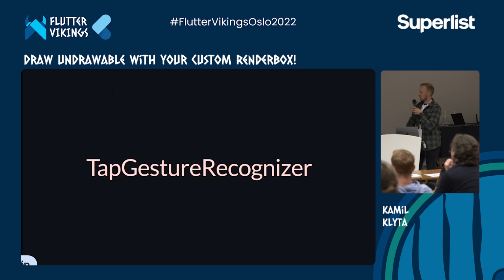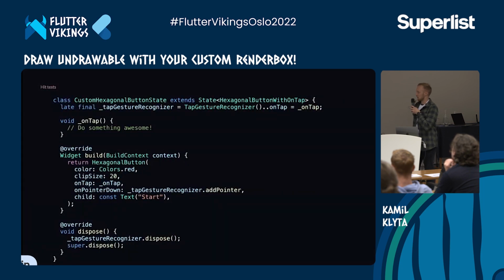And we can use, for example, the tap gesture recognizer for this. The best place for it is a stateful widget, so we can use a stateful widget and define the tap gesture recognizer there. What is important in this example is that this is not the code that you would like to use in your production environment, because in production it is good to have widget composition.